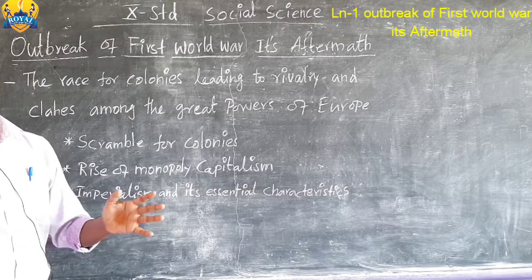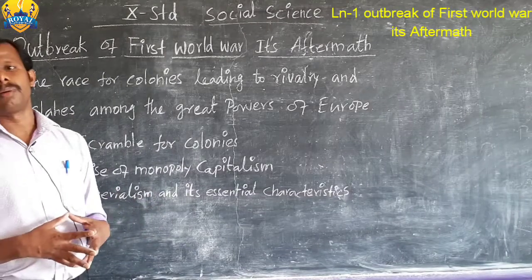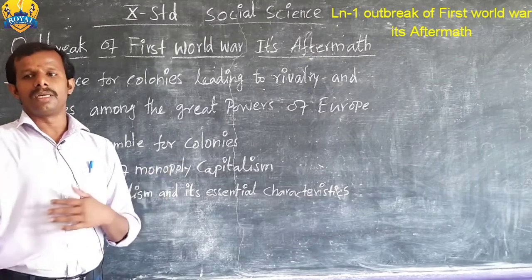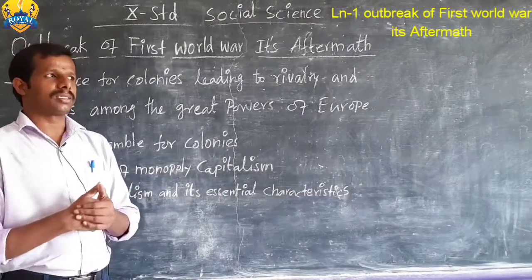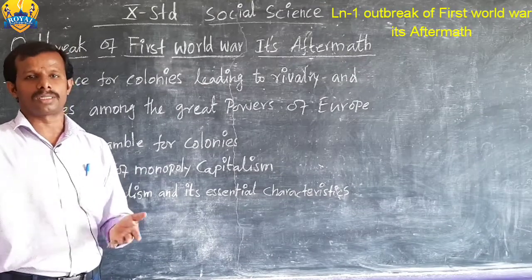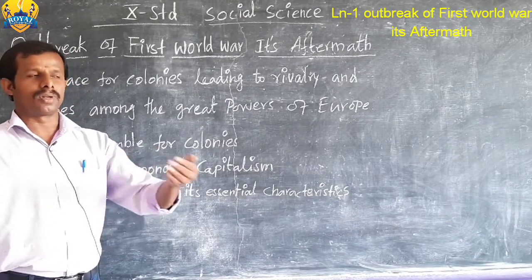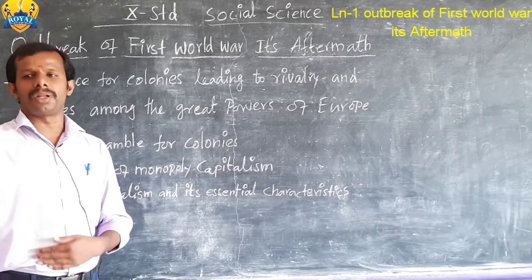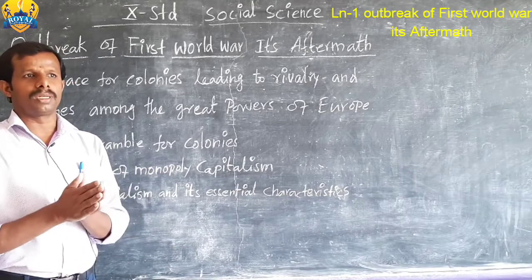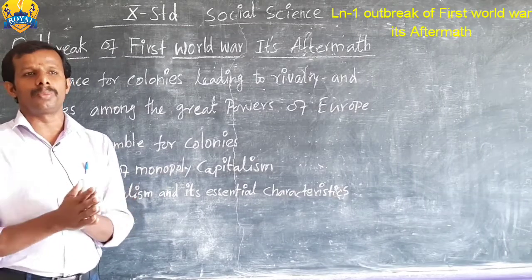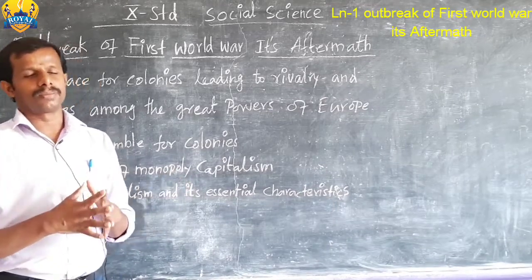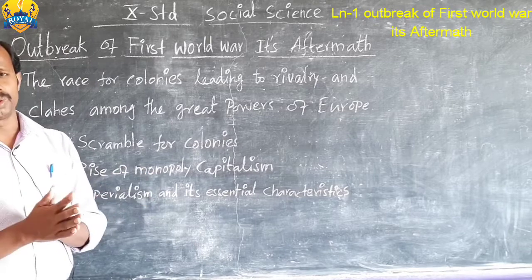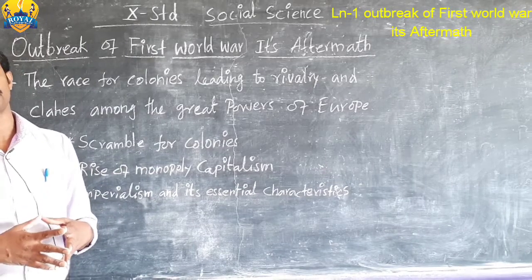The most important causes of the First World War: the first one is extreme nationalism. After the Napoleonic Wars, as well as the capture of Constantinople, many European countries as well as the Balkan countries split into many parts.